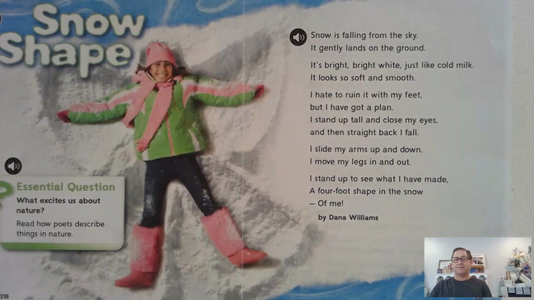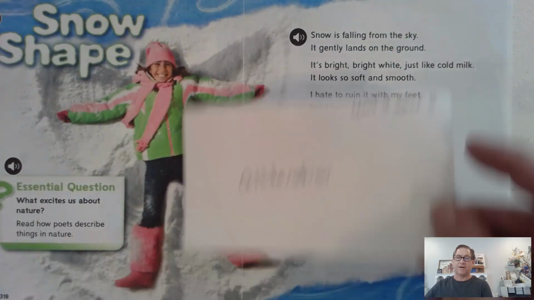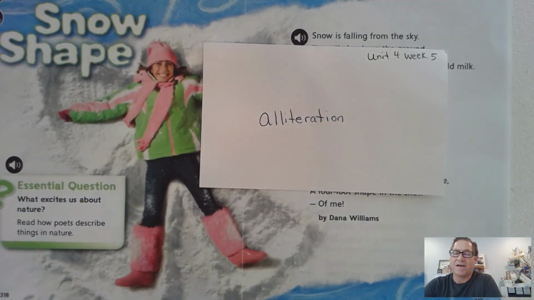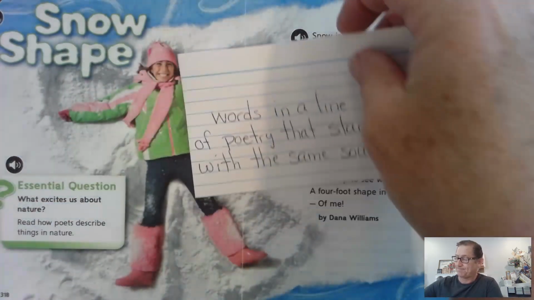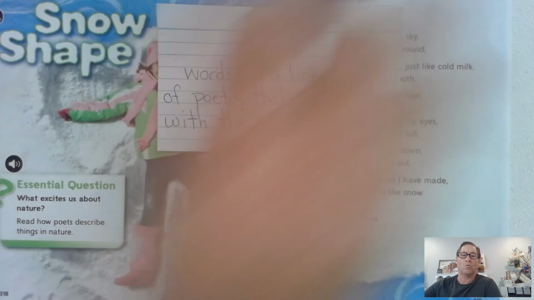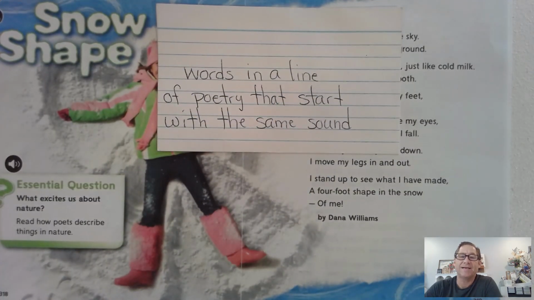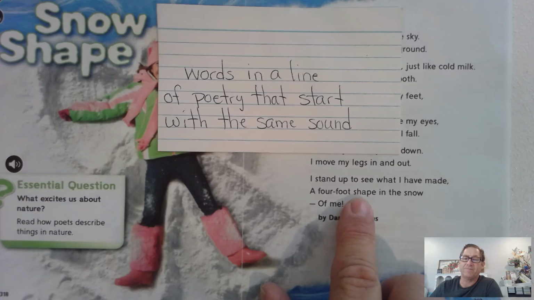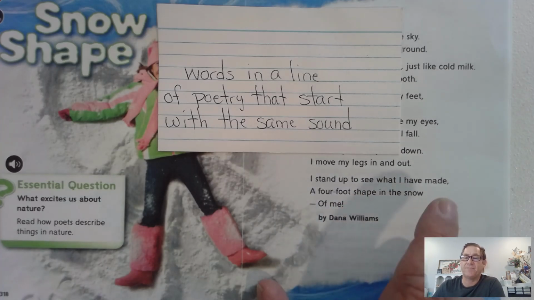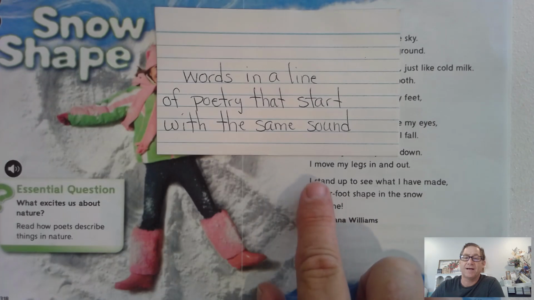Okay, and then the final thing that I want to talk about is the idea of alliteration. Alliteration is words in a line of poetry that start with the same sound. For instance, we could look here and say a 4-foot shape in the snow. Shape and snow. I stand up to see what I have made.